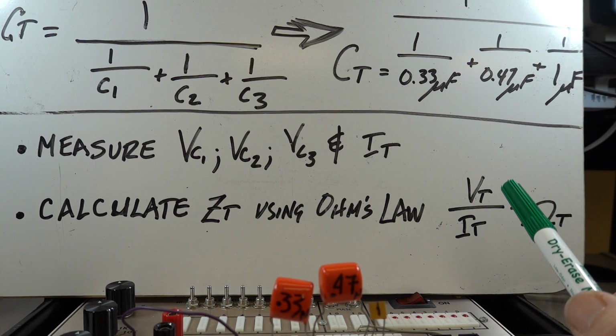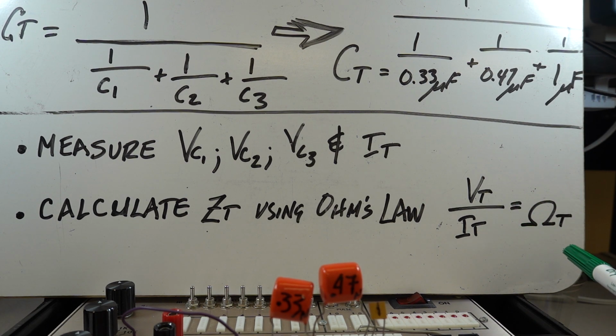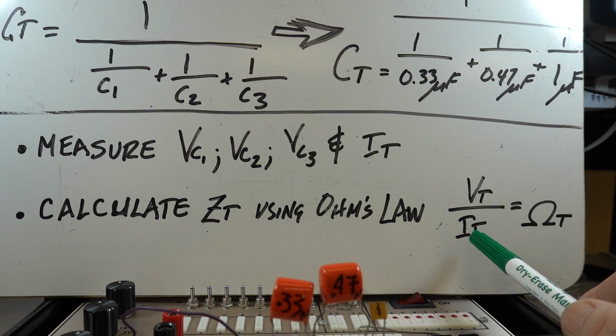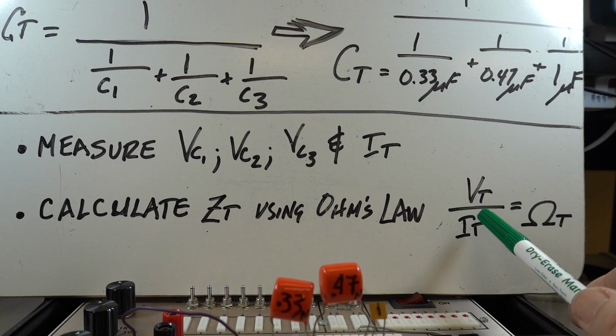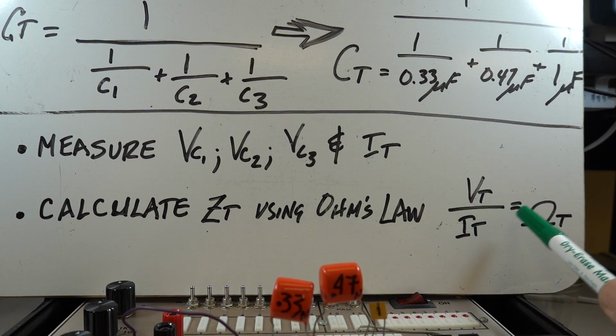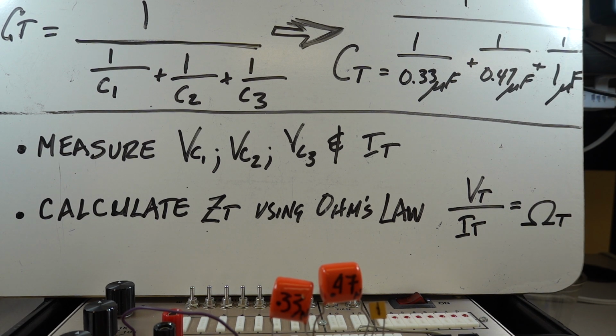Then I can use Ohm's law to calculate my total impedance. I take my total applied voltage, in this case 6 volts, and the measured current from the experiment. With those 2 values known, I can calculate the unknown, in this case ZT, using Ohm's law. Those are actual observations you make.